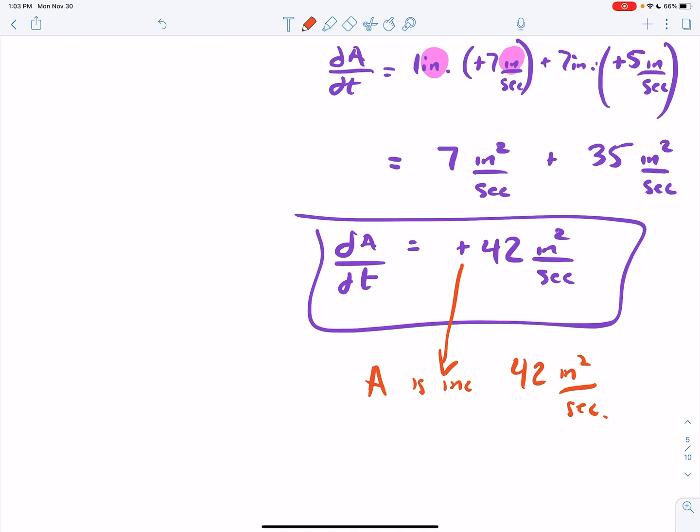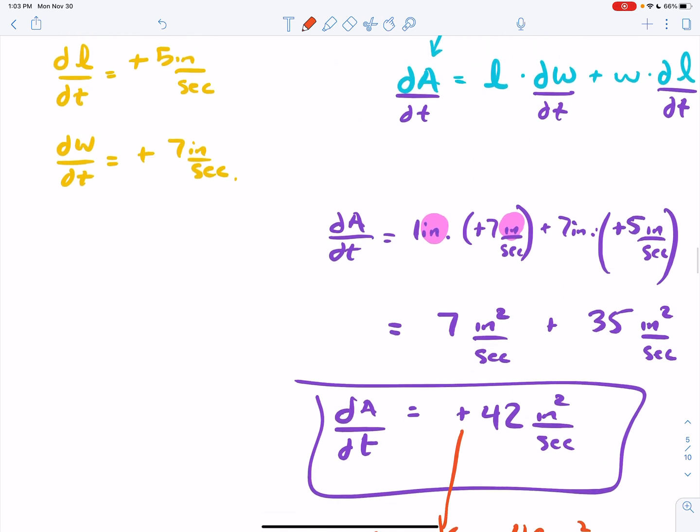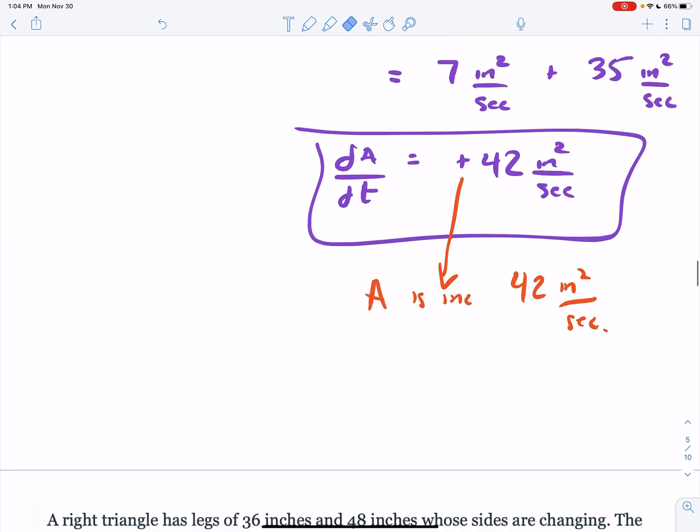Okay? Now, why did I include units this time, okay? This is actually how it plays out. Now, you could totally avoid this. For instance, let's say you didn't write units, right? You would have something that's bare like this. Okay? Here's how you have to think about it. Just think about what this represents. A represents area, and T represents time.